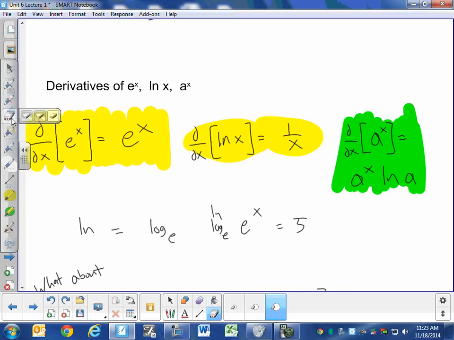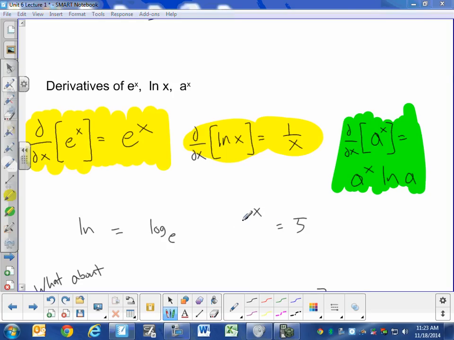If you have any other number, though, like 7, the only way you undo what 7 is doing to x is to use logarithms, but with a specific base, log base 7. And I would do log base 7 of both sides, and I'd get x is equal to log base 7 of 5.